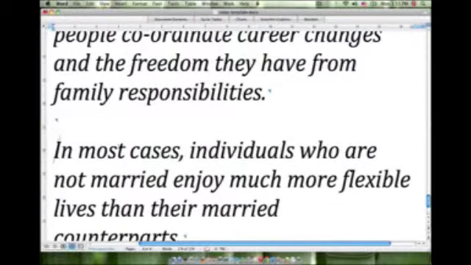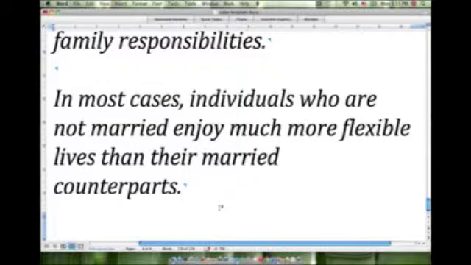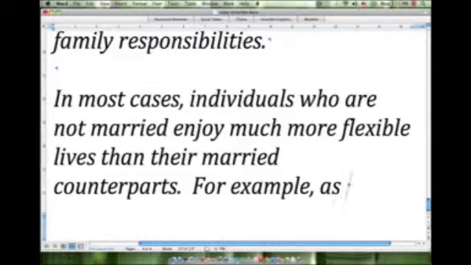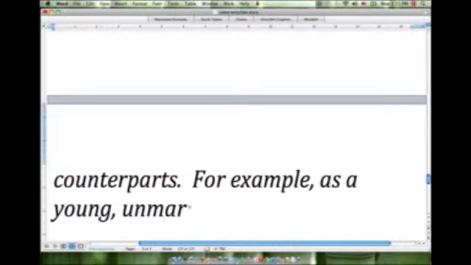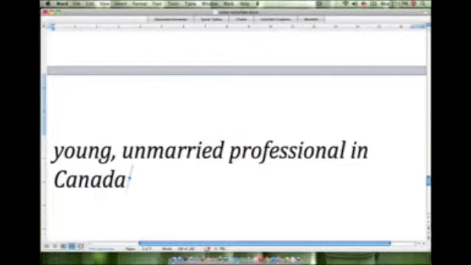I'll just put a space in here to make it a little bit clearer. This is a new paragraph. Okay. So, now I'm going to share a personal example. So, for example, perhaps I might say, as a young, unmarried professional in Canada, I was free.